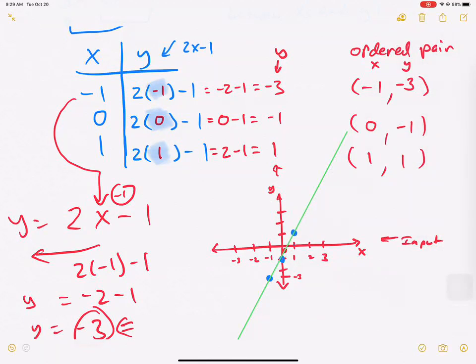The line represents all the possible patterns. What if I plug in 2? What do you think the y value is going to be? If I plug in 2, doesn't that look like 3? What if I plug in 3? Okay, so all this line means it's all the other possibilities. It gives me the pattern.